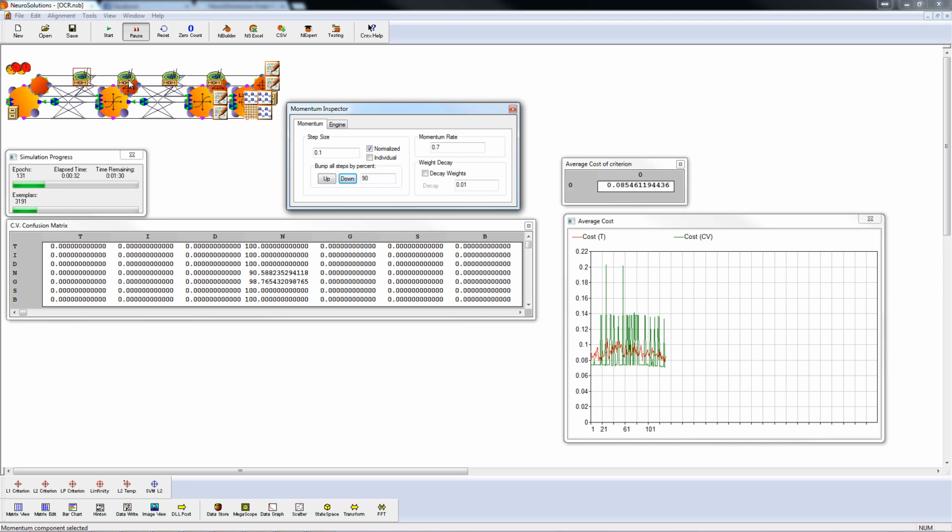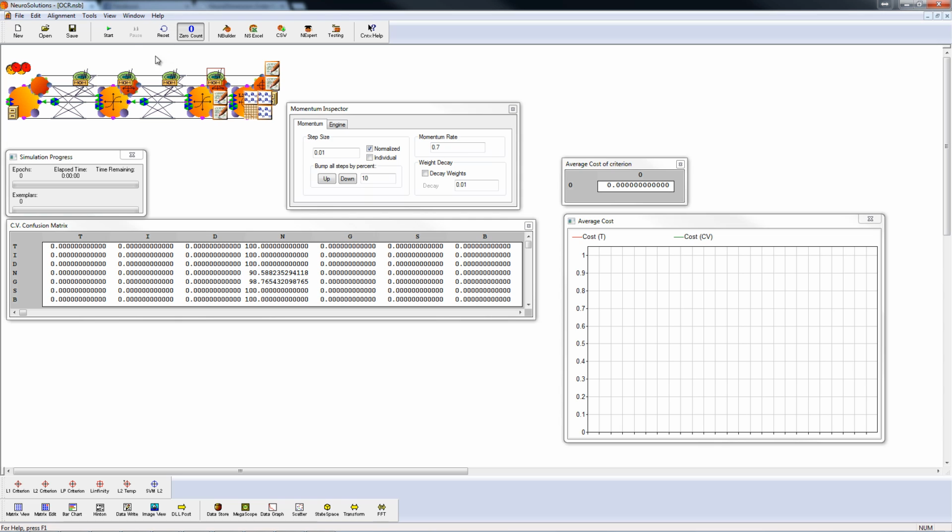Now, if you do look at the other momentum components, you'll notice that the step sizes are different as you go from left to right. The numbers are typically lower on the right side, which is closer to the outputs, than on the left side that is closer to the inputs, because the weights typically decay as they backpropagate through the network. So now let's go ahead and run the network with the lower step sizes.